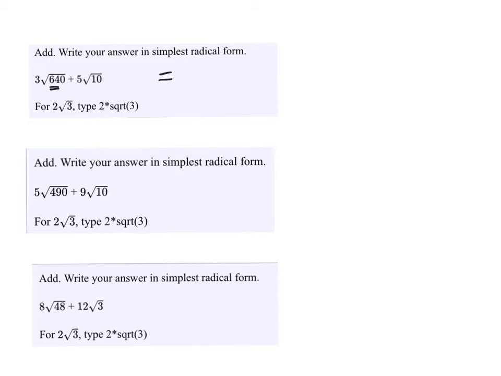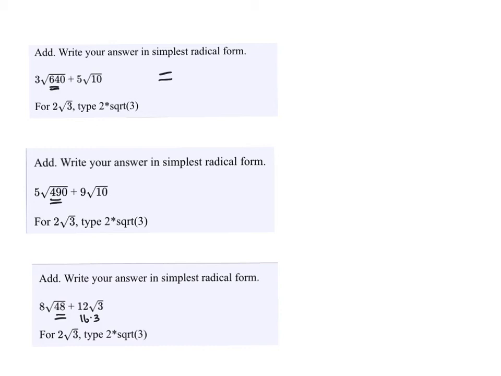In fact, 64 is a perfect square. That's 64 times 10. 490, 49 is a perfect square. That's 49 times 10. 48, a little bit harder, but at least it's a small number. But again, you can go to that factor calculator, and when you do that, you'll see that 48 is 16 times 3.